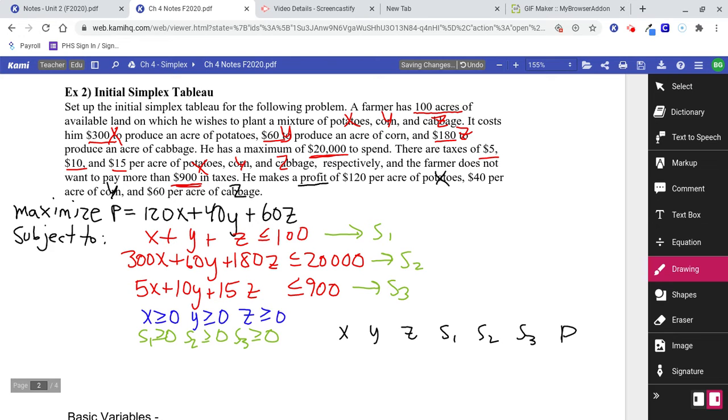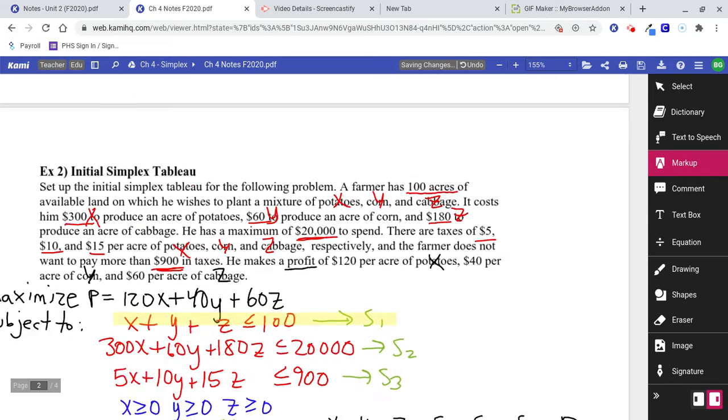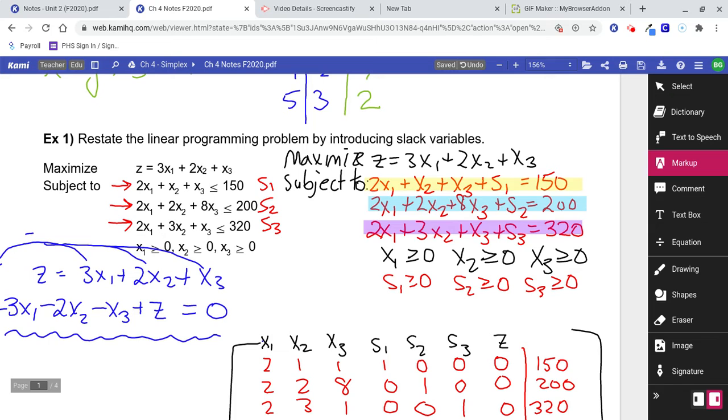Look at your first inequality. I'm going to skip a step here. Earlier, we did a problem where we went from the problem and added the slack variables to change them into equations, and then we took those equations and made the table. I'm just going to skip this because I can see this from here.